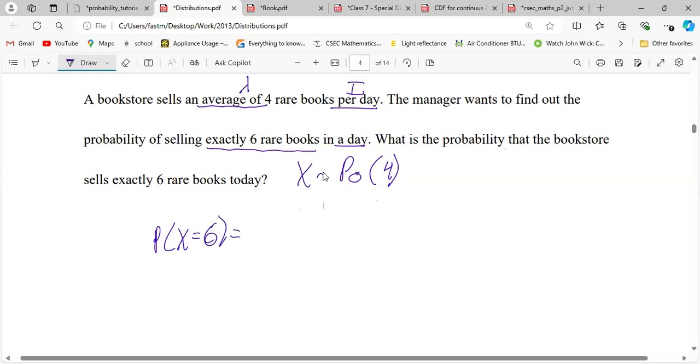We can plug this into the calculator: e to the minus lambda, times lambda to the x, divided by x factorial. So shift, e to the minus 4, multiplied by 4 to the power 6, divided by 6 factorial. This will be 0.104.